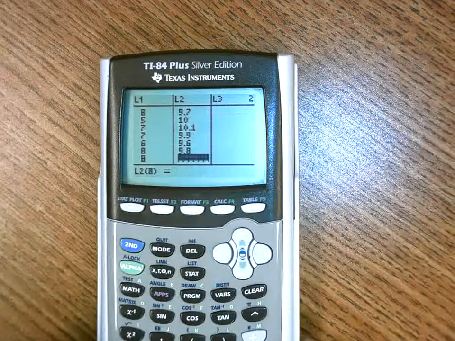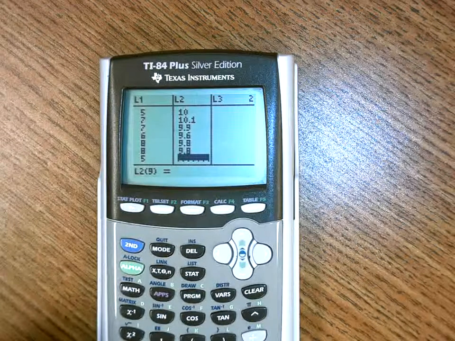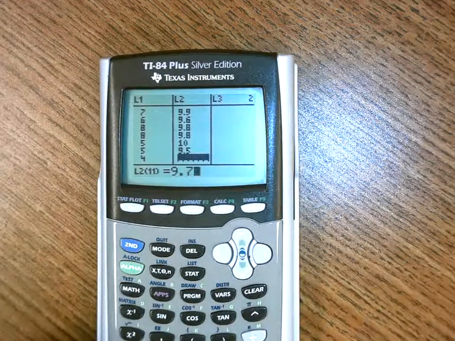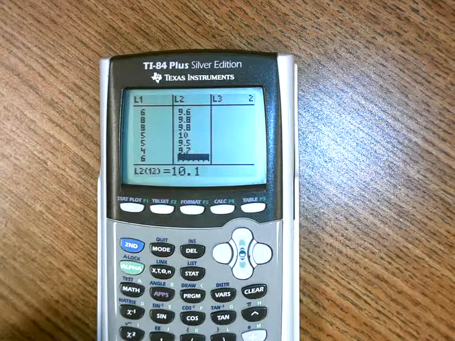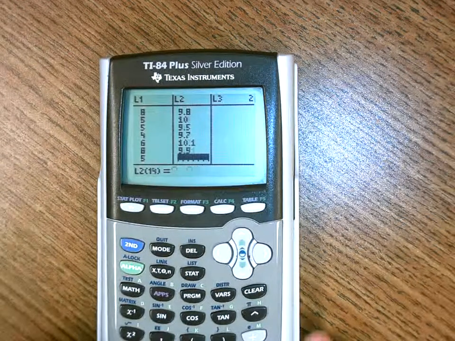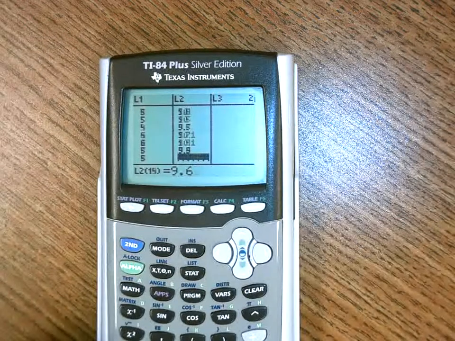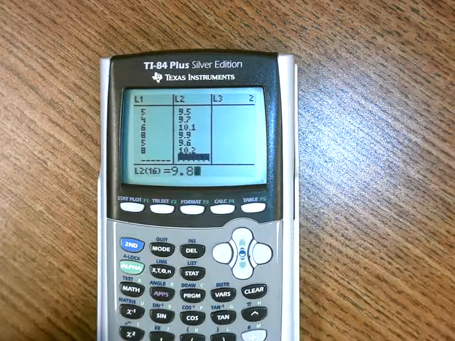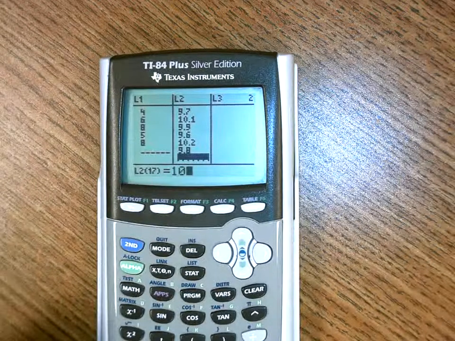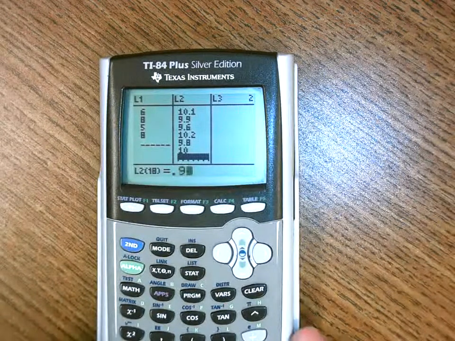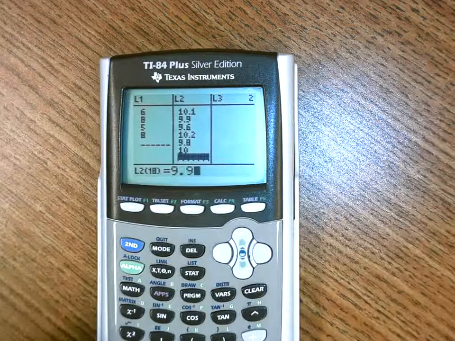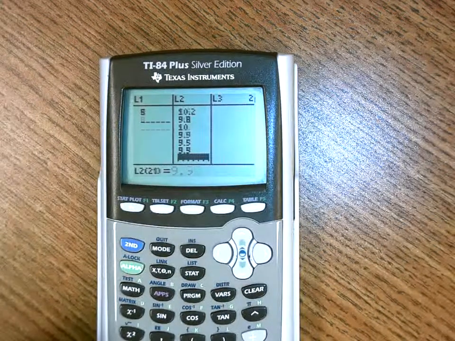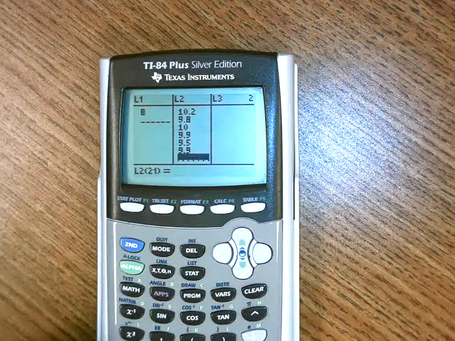Think of this as texting races. 10, 9.5, 9.7, 10.1, 9.9, 9.6, 10.2, 9.8, 10, 9.9, oops, 9.5, and 9.9. Double check and make sure you've got 20 numbers in there.